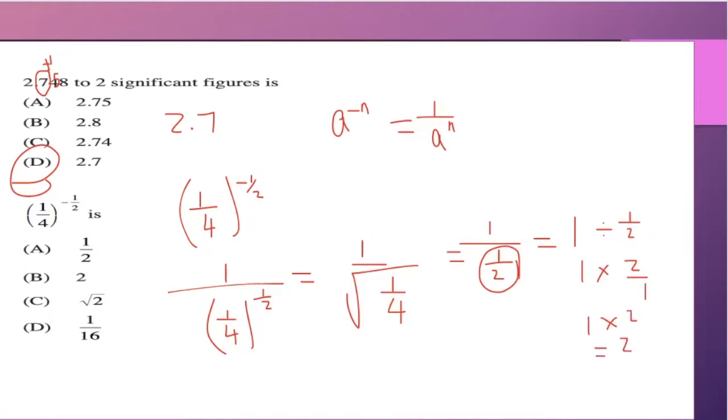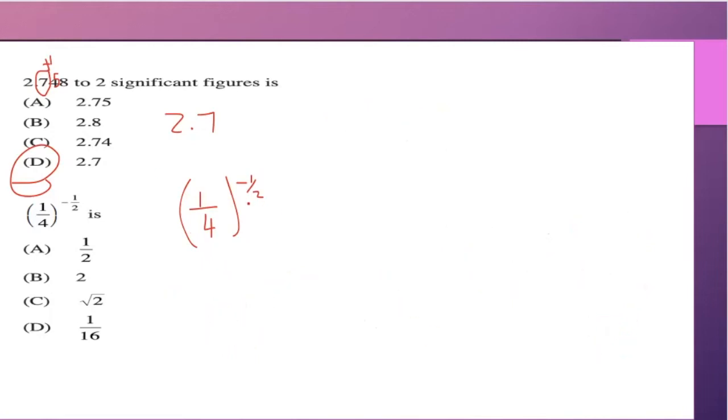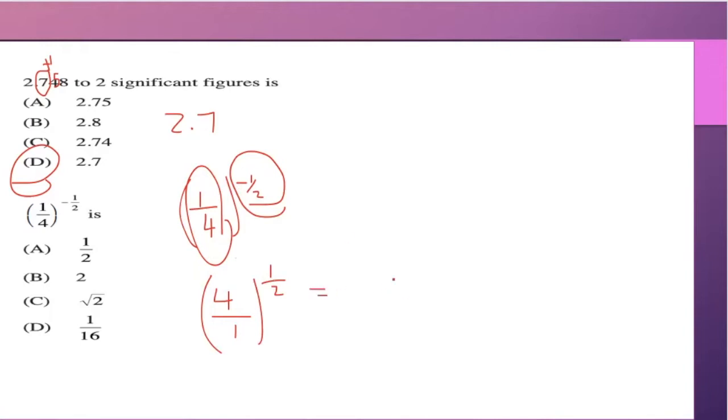But I have another method that's way easier than this. When you have a negative power, you can reciprocate the fraction. So it becomes 4 over 1, and then you change the sign of the power to a positive a half. 4 over 1 is the same thing as 4.